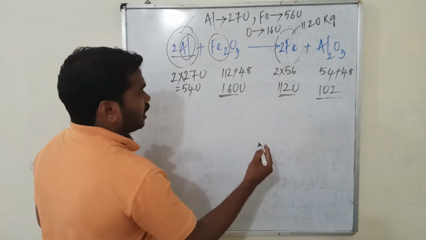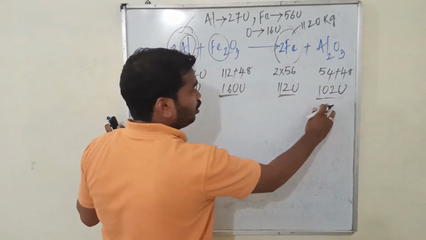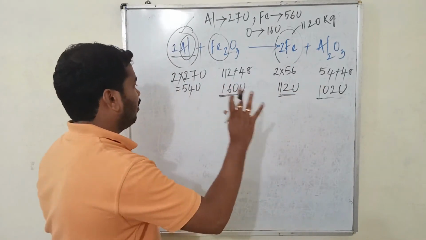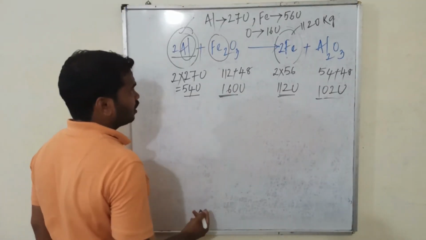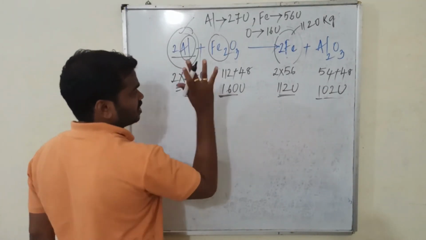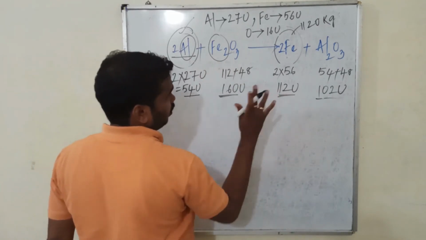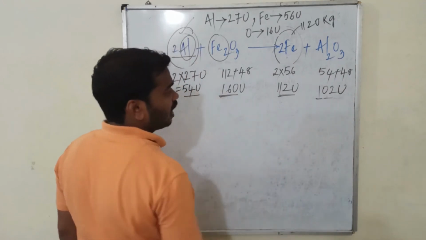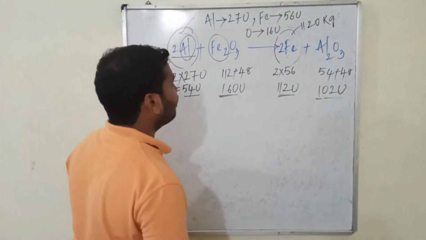It's right. Now if you see, 102 units of aluminum oxide is evolved. Now it's very simple. 54 units of aluminum reacting with 160 units of iron oxide to give 112 units of iron, and along with that 102 units of aluminum oxide.